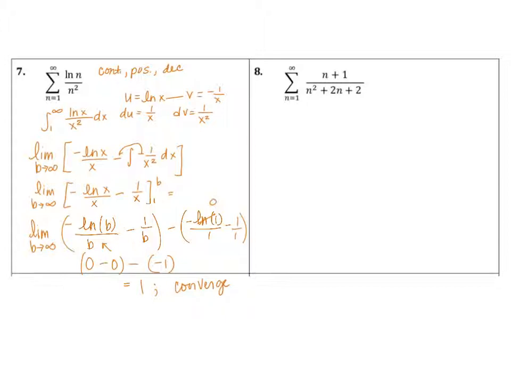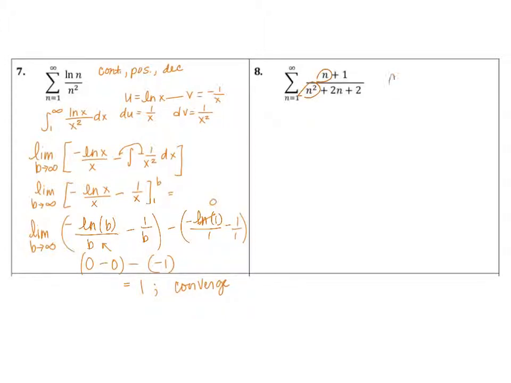Once again, I'm going to be super lazy, and I'm not going to do the integral test. I'm going to do a limit comparison test, and I'm really focused on these two terms here, n and n squared.